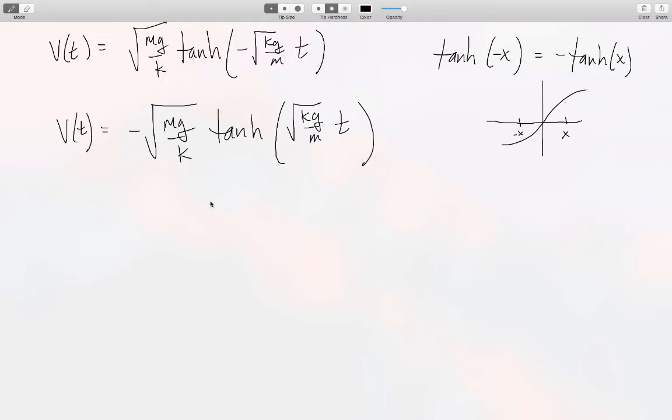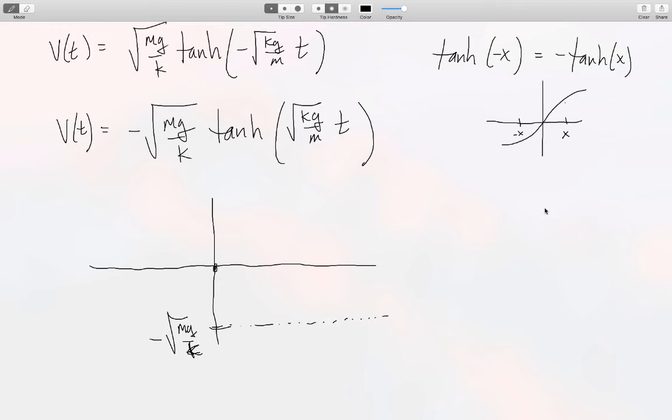The graph's going to look like this because I'm taking negative to be down. So it'll start at 0. This is my terminal velocity here. Negative square root mg over k, whatever that is, an asymptote because it was a critical point for the autonomous equation. And then when you take hyperbolic tangent and you multiply by a negative constant, you're going to flip it upside down, stretch it, so it's going to do some kind of graph like this, some kind of curve that goes like that.